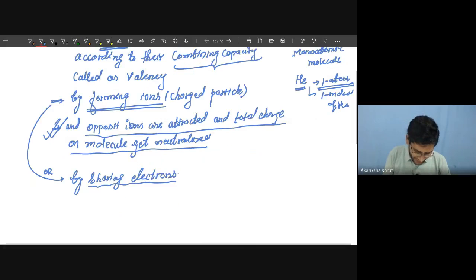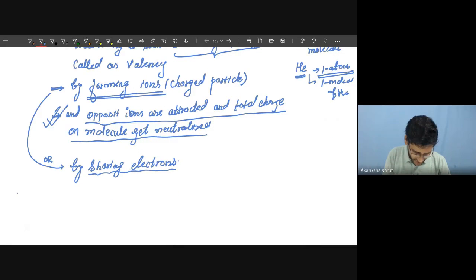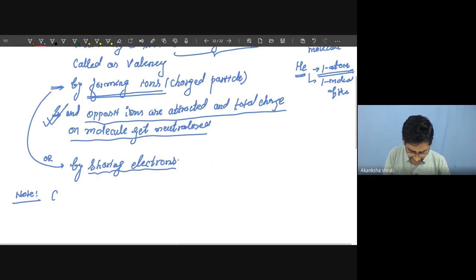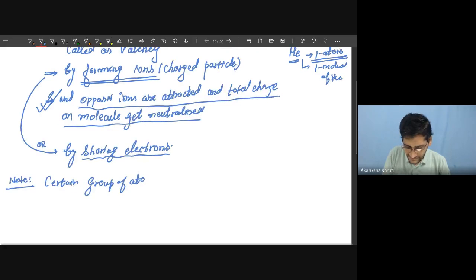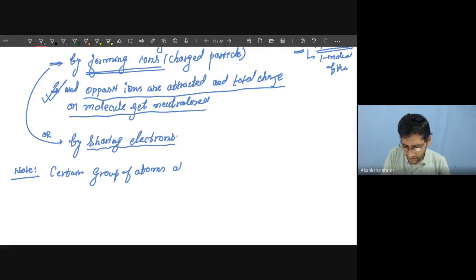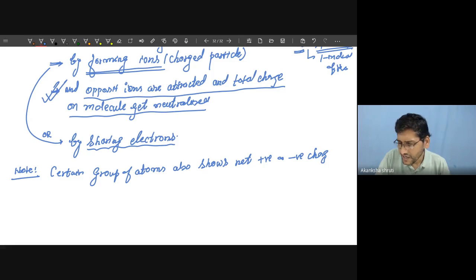Another notable point is here, so also write a note: certain groups of atoms also show a net positive or negative charge.